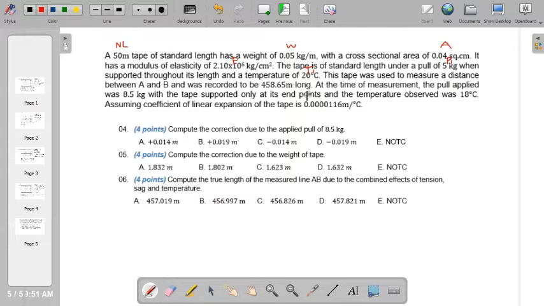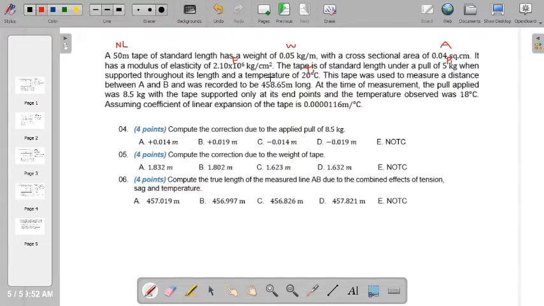Celsius. Now, this tape was used to measure a distance between A and B. Ginamit itong tape na to para sukatin ang isang point, going to another point, which is A and B. And ang sukat na yon was recorded to be 458.65.